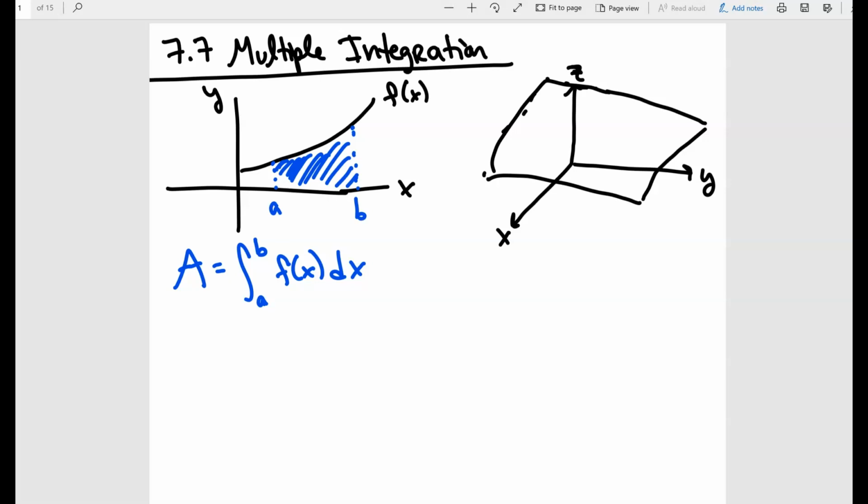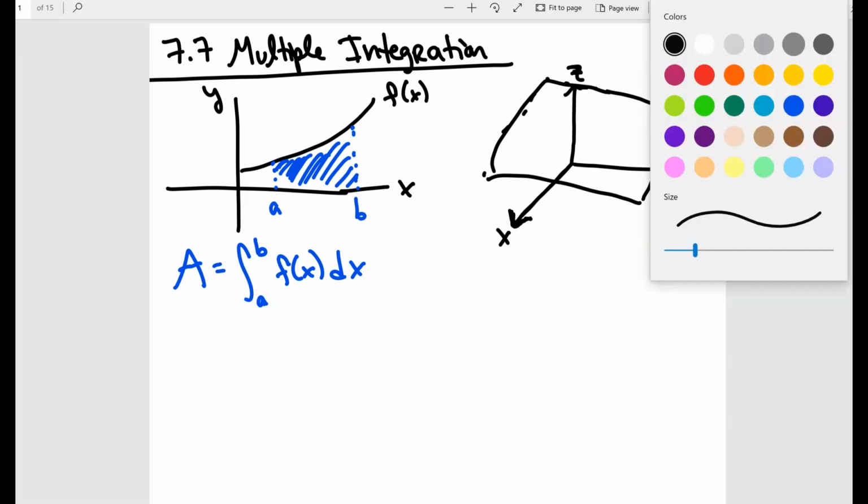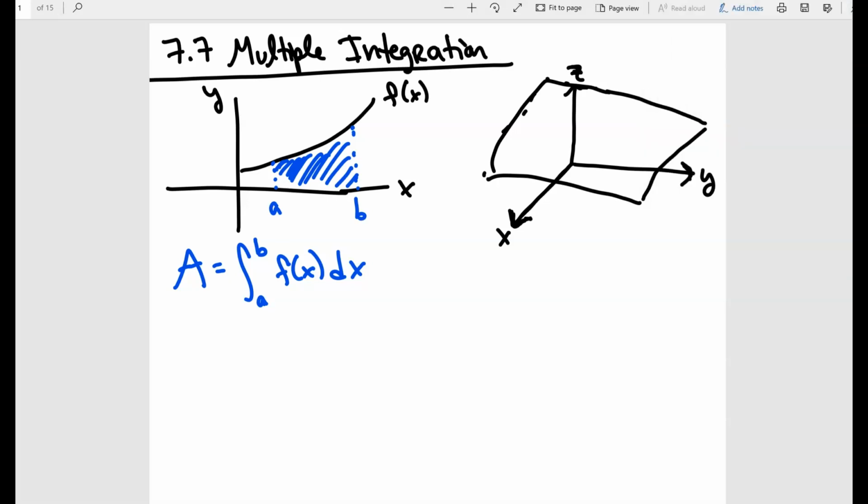So now in this case, we're going to have two different integrals because we have two variables in our domain. So if we say in the x direction it goes from a to b, and in the y direction it goes from c to d, then if I were to intersect this, you're going to have this little rectangular region right here, and this region corresponds with a, b, c, and d.